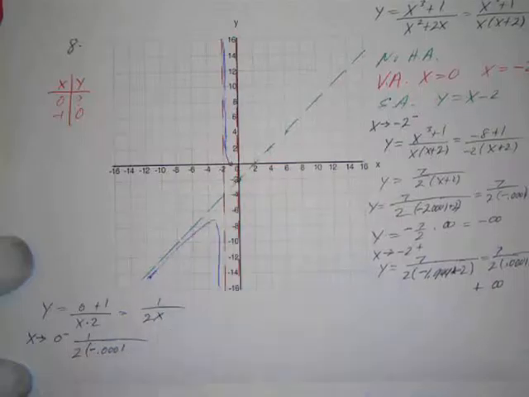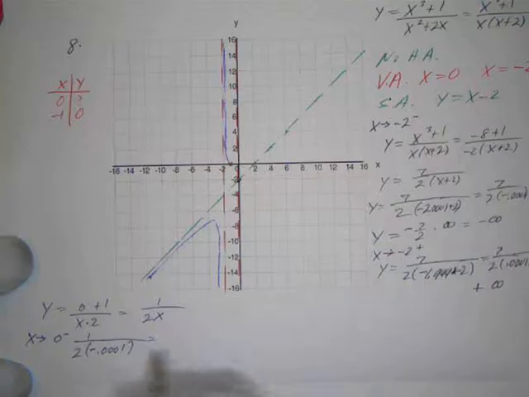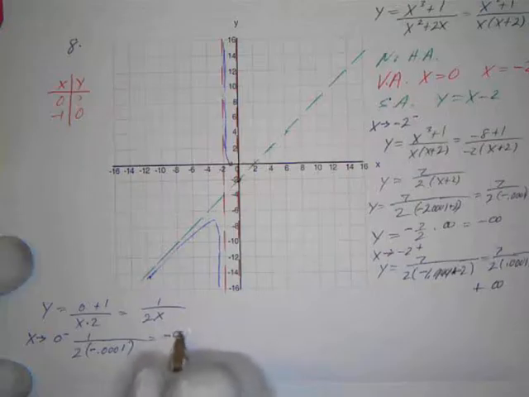Okay, just barely away from 0, so that's just going to be, looks like negative infinity. 1/2, and this is going to be so small. Something over a very small number would be negative. So it looks like I got negative infinity.